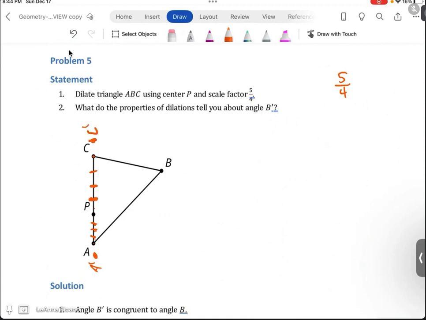Now I'm eyeing everything. Everything is not perfect that I'm doing. I am doing the best that I can with it. You're going to have to do the same with some kind of either a straight edge or ruler that's given to you.